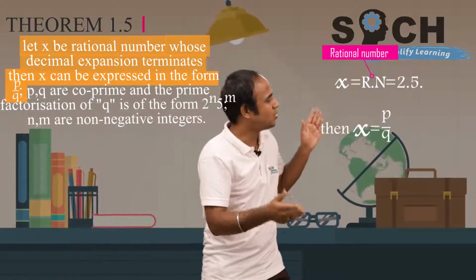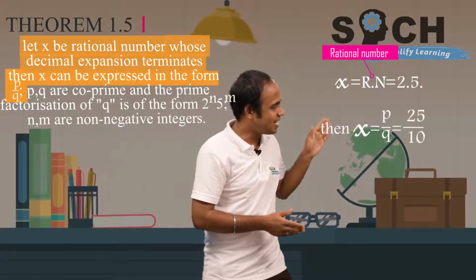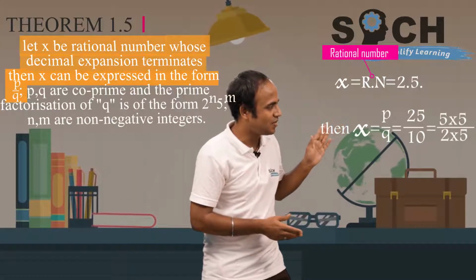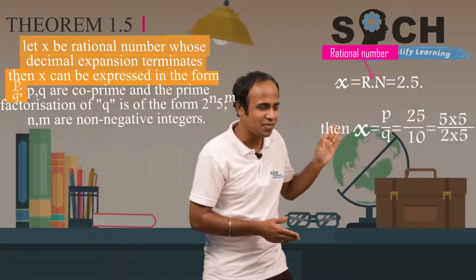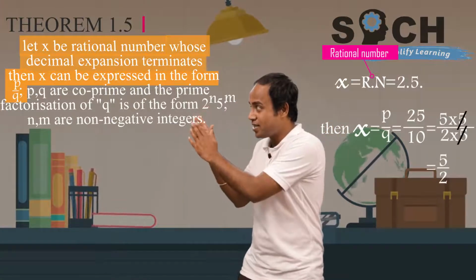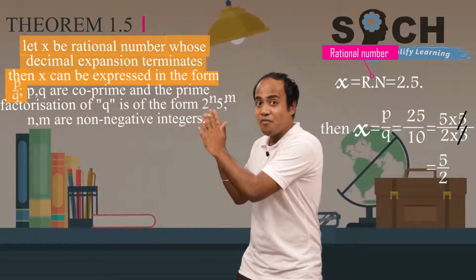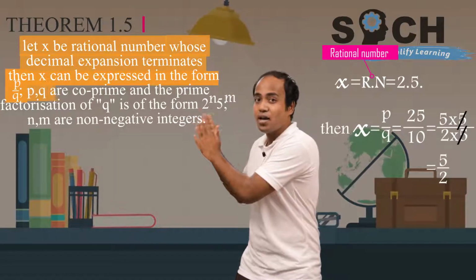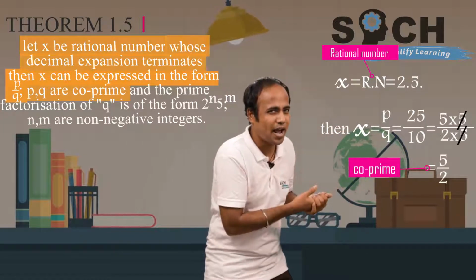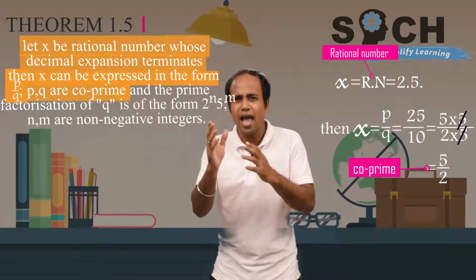2.5 means what? 25 by 10. And this 25 by 10, 5 fives are 25, 2 fives are 10, 5 cancels, giving 5 by 2. So this can be expressed in the form p by q, where p and q are co-prime. Here 5 and 2 are co-prime, right?